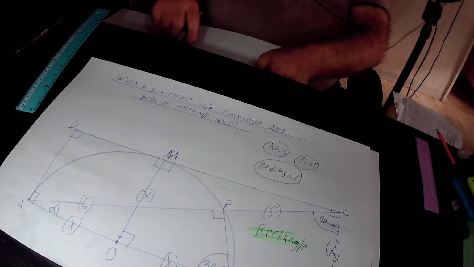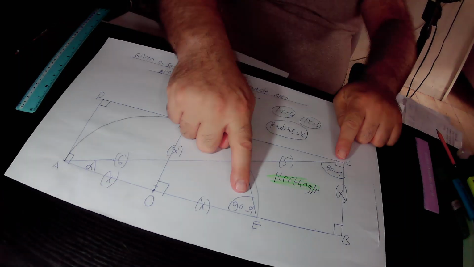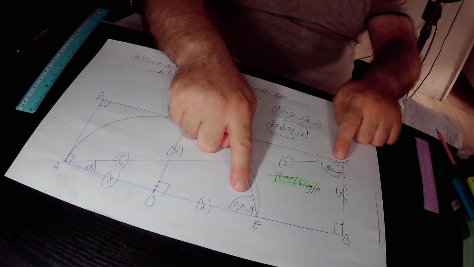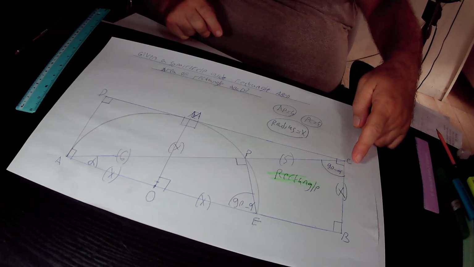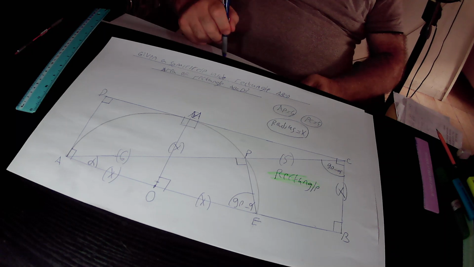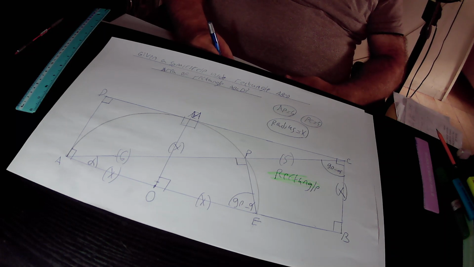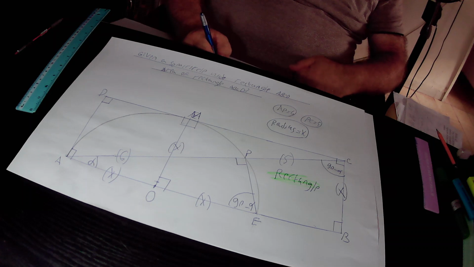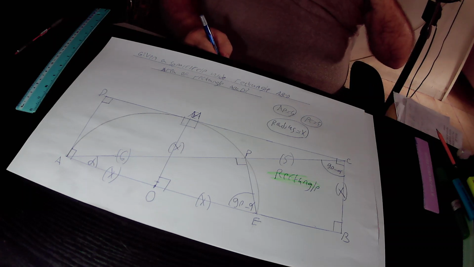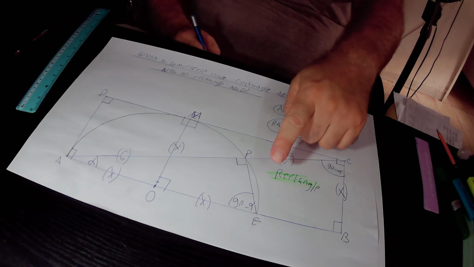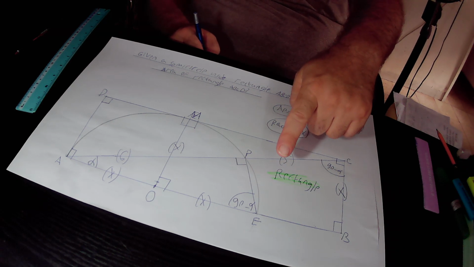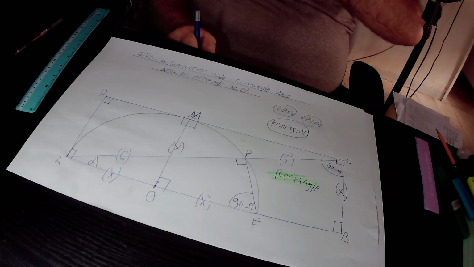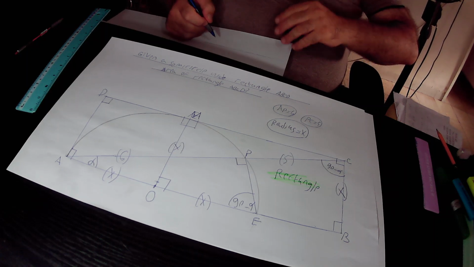And finally, those two angles are both equal to 90 degrees minus alpha, therefore they are equal to each other. So actually this is angle BCA in triangle ABC, and it is equal to this angle, that is actually angle PEA in triangle APE.